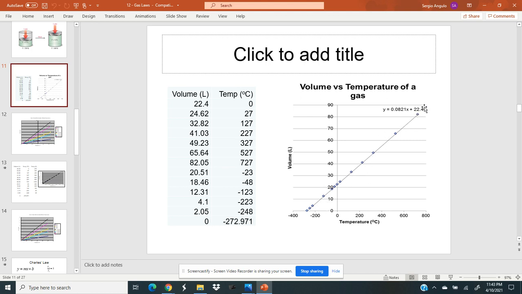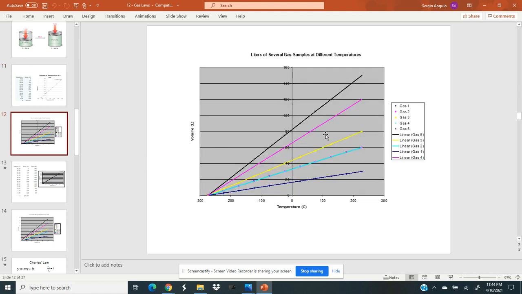Okay, and you're going to come up with some crazy equation that really doesn't make a lot of sense unless you change the temperature scale, because it turns out that all gases, all samples of gases, gave different lines with different slopes and different y-intercepts. So every gas would have a different equation.